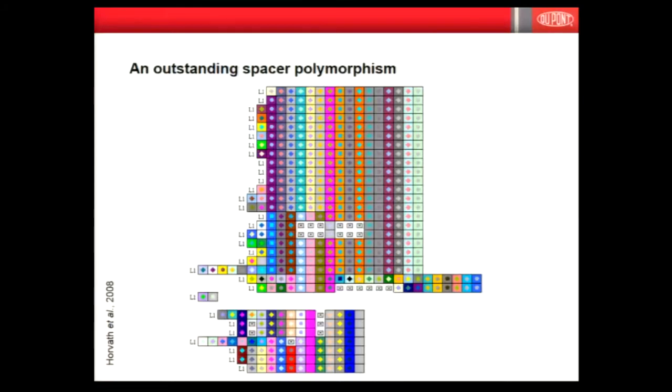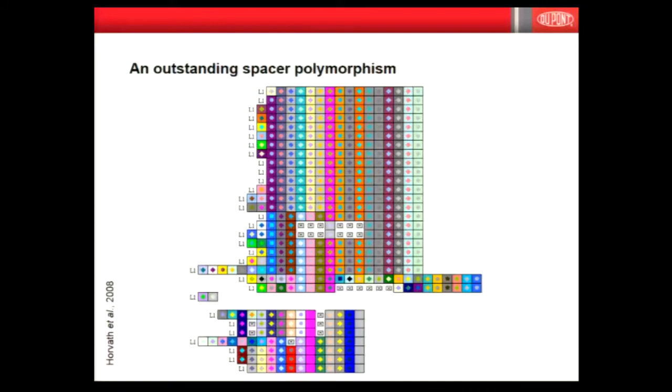Here you have another group because they share those spacers. And you can see here an interesting separation between this group with a common part and then a different part representing two different lineages of those strains.